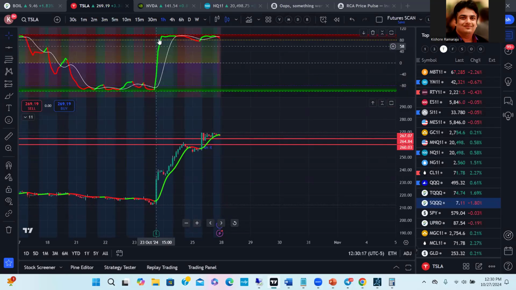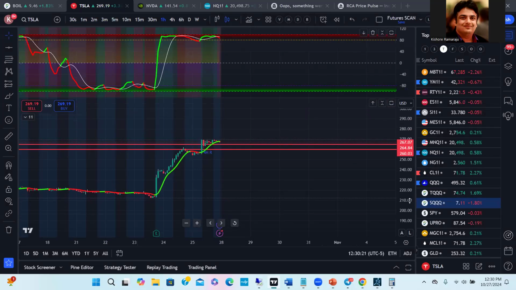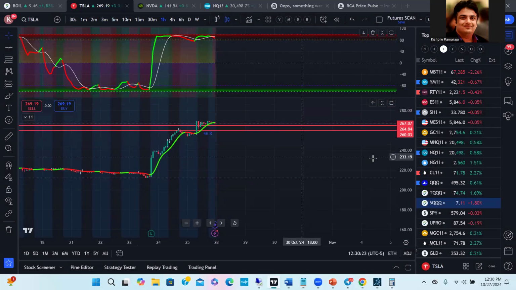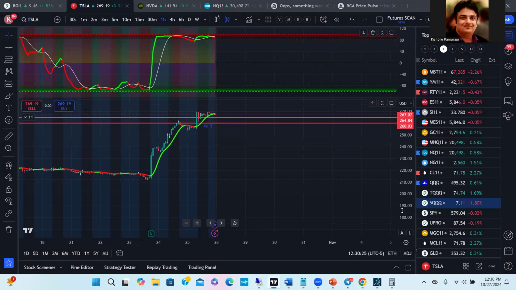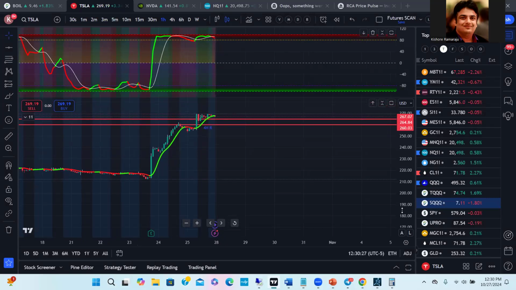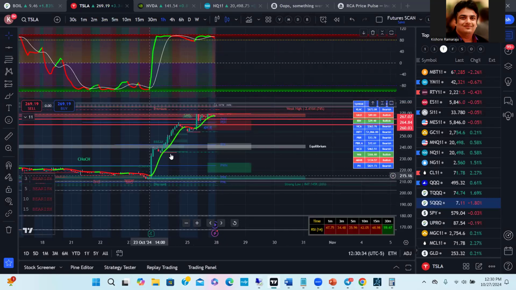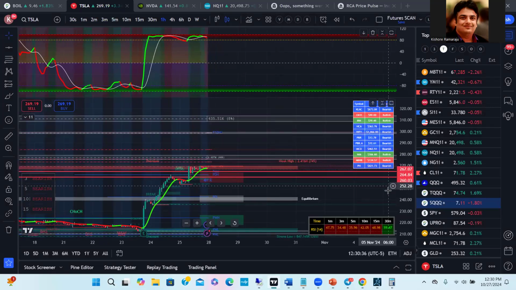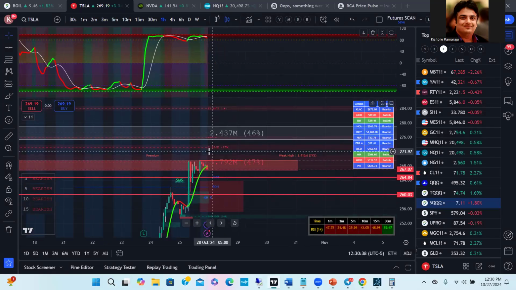Tesla, right, from the bottom it went all the way to the top. Now there is a high possibility for a drop. So now we are at the top. You see 3.79 million sell order block. Right?